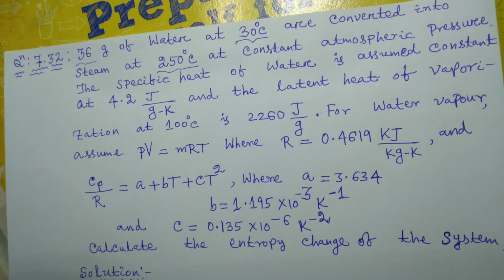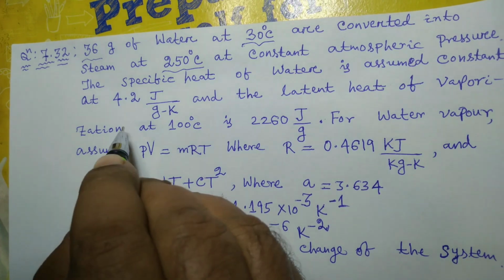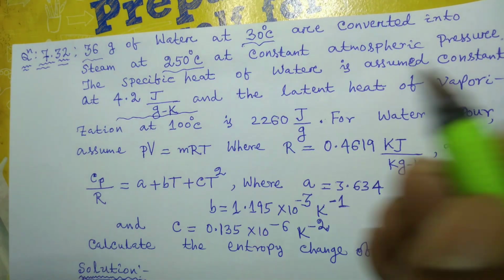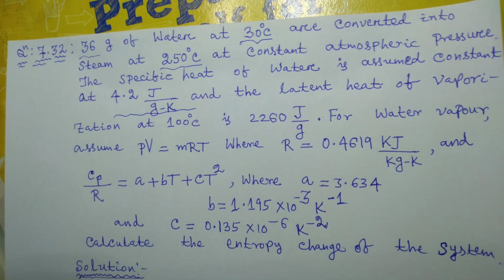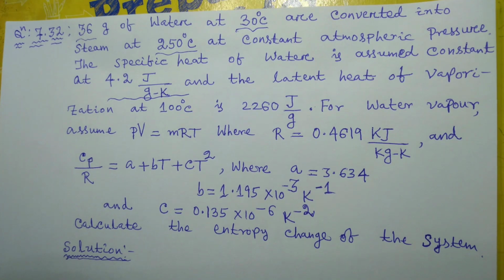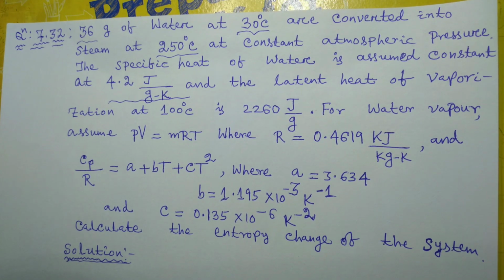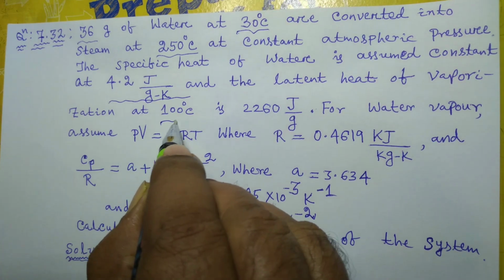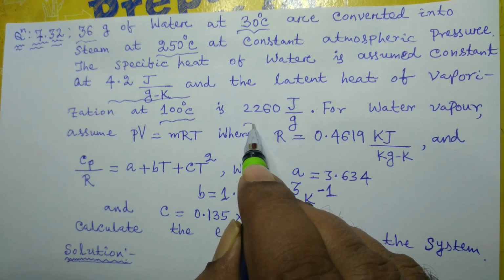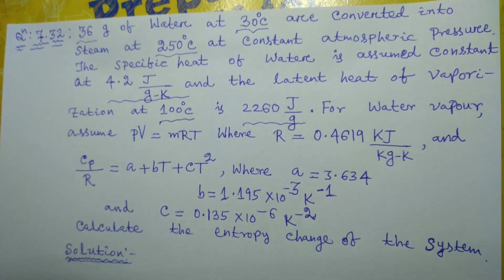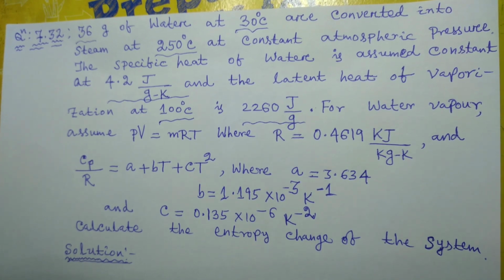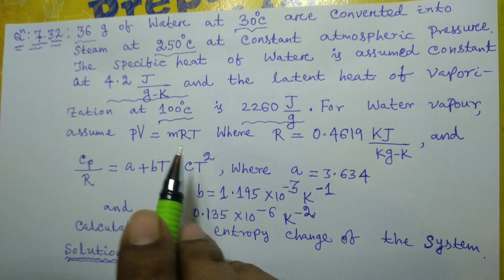The specific heat of water is assumed constant at 4.2 joule per gram Kelvin, and the latent heat of vaporization at 100 degrees Celsius is 2260 joule per gram. For water vapor, assume PV is equal to MRT.